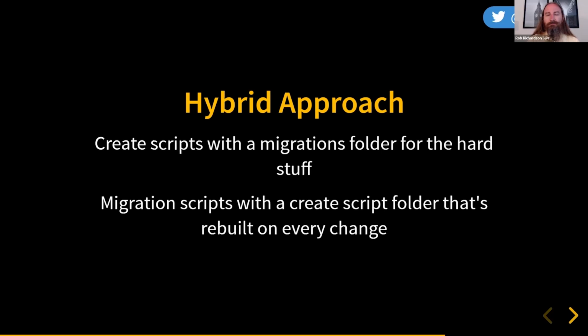So what if we had a hybrid approach? Maybe we keep the migration scripts for the harder pieces and create scripts for the majority of content. Or maybe every time we run our migration scripts, we also capture the state. And so we're able to get that file history.